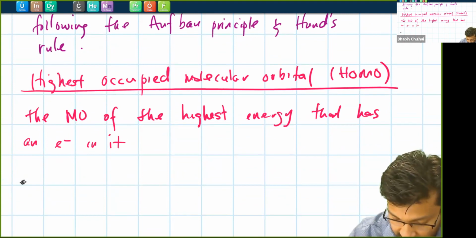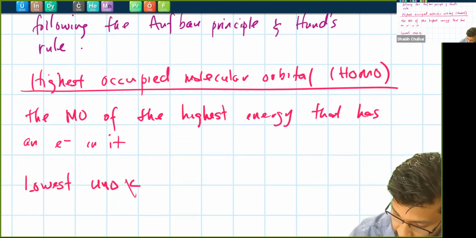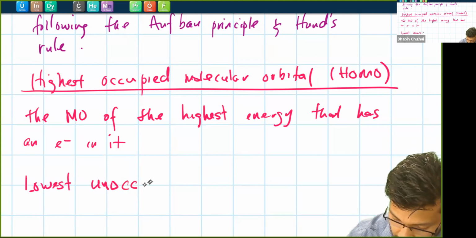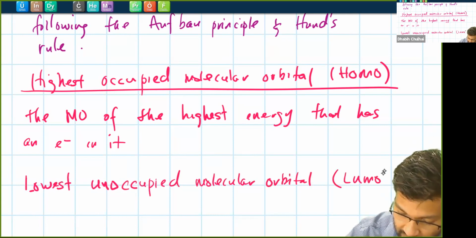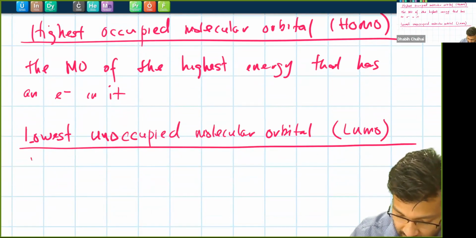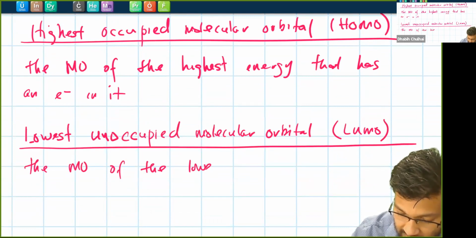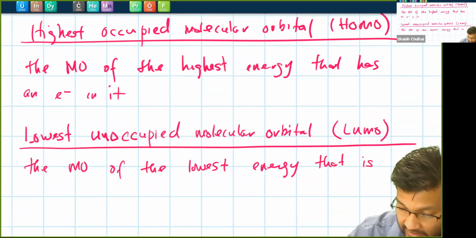And similarly, there is a lowest unoccupied molecular orbital, or LUMO, and this is the molecular orbital of the lowest energy that does not have an electron.